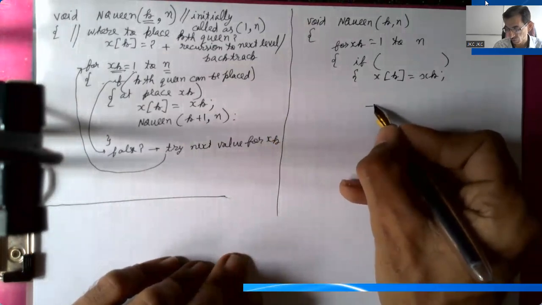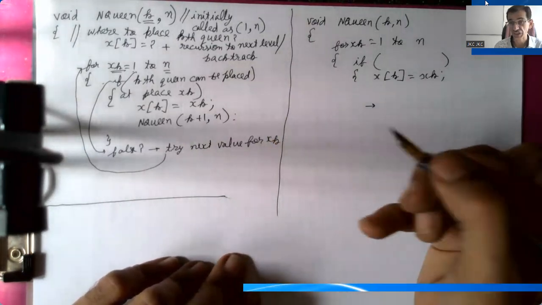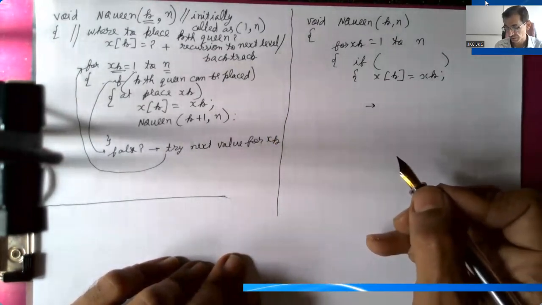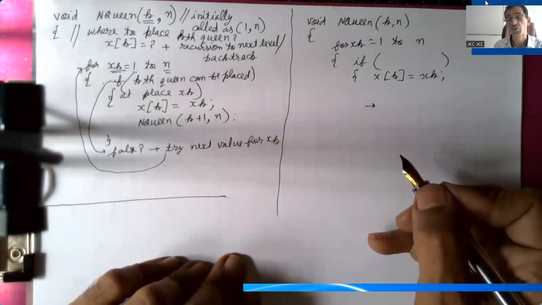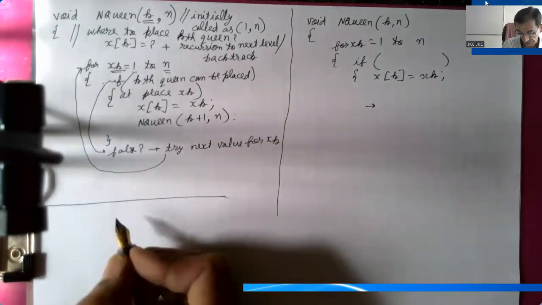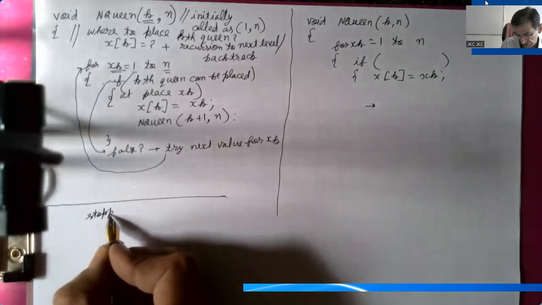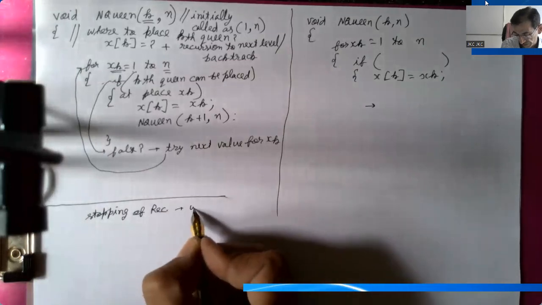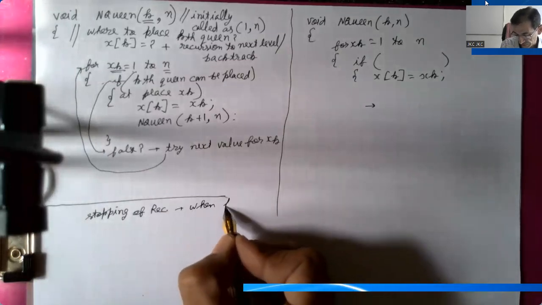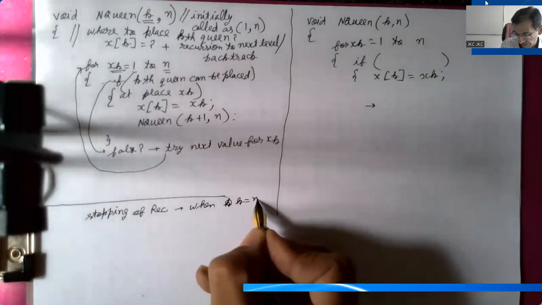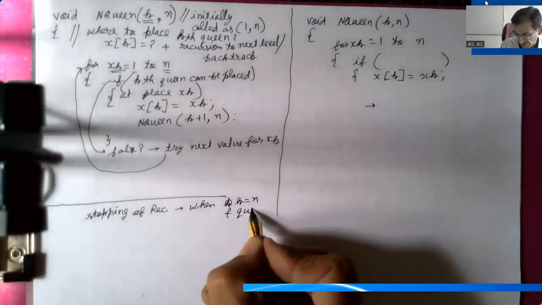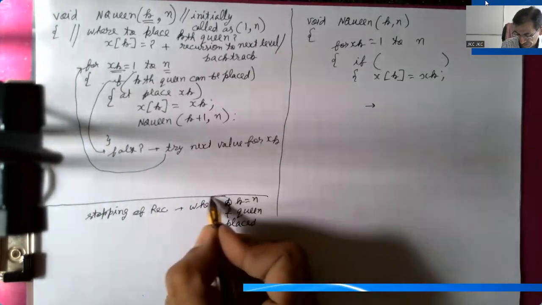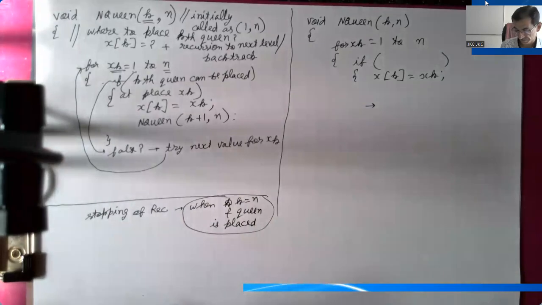Recursively, I will have the call here, but recursion is never supposed to be without condition. Recursion has to stop. So where should I stop, and what should be the stopping criteria? My stopping of recursion has to be there, and that will obviously be when k equals n and the queen is placed.